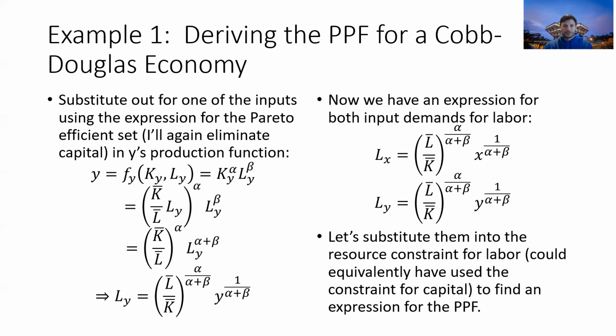I have a note here that says alternatively, you could have used the constraint for capital. We've done everything here where we solve for L's. We could have gotten K's instead and plugged them into the capital resource constraint. You'll get the same production possibilities frontier, and I encourage you to verify that on your own.